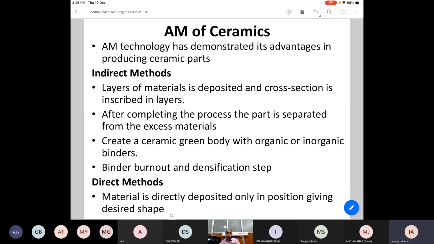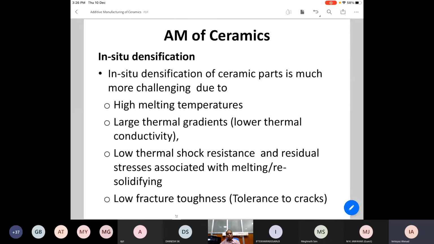And another way is to deposit the powder and directly get the material by sintering it in situ. So that's one more process that we will discuss. And then in situ densification has its own problems. The reason is you need to take the powders to melting temperature so that they can fuse together. But that adds to thermal gradient. The upper portion, which has been processed earlier, would have been cooled, and you are heating the top portion, so that creates a gradient.